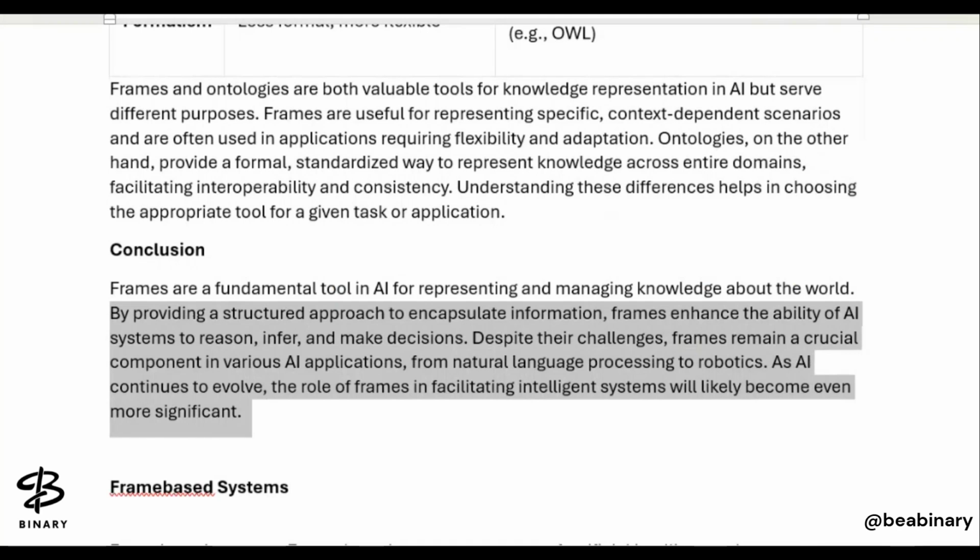Frames enhance the ability of our AI systems to reason, infer, and make decisions. Another characteristic: despite their challenges, frames remain a crucial component in various AI applications, from natural language processing to robotics, right? As AI continues to evolve, the role of frames in facilitating intelligent systems will likely become even more significant.